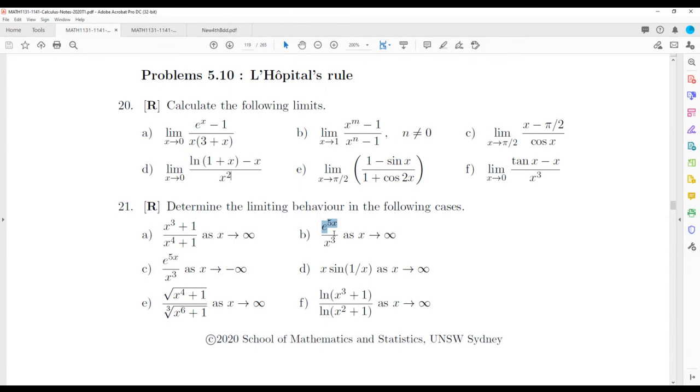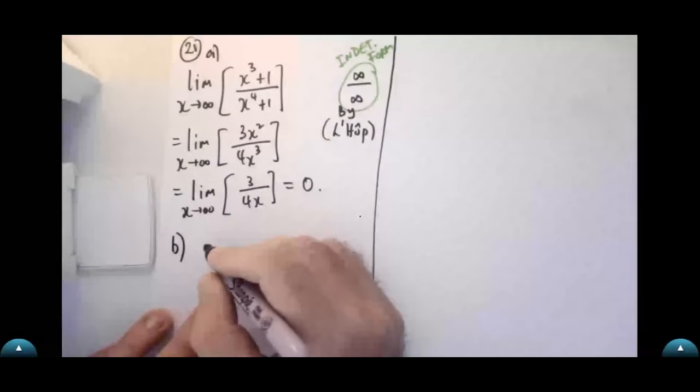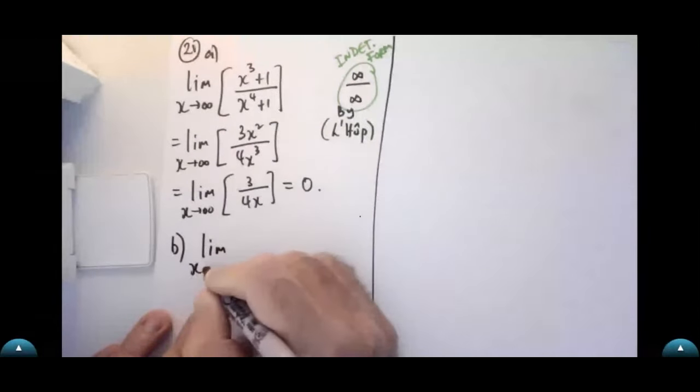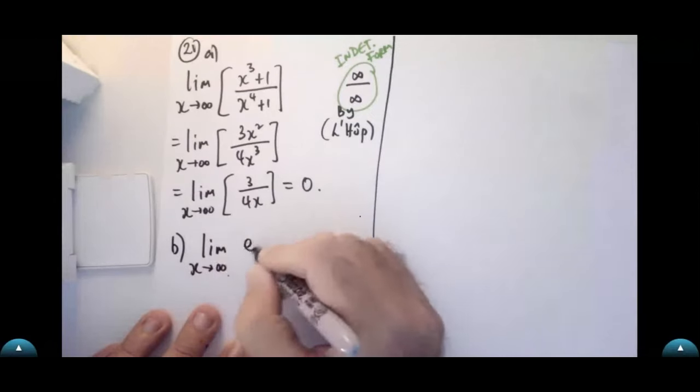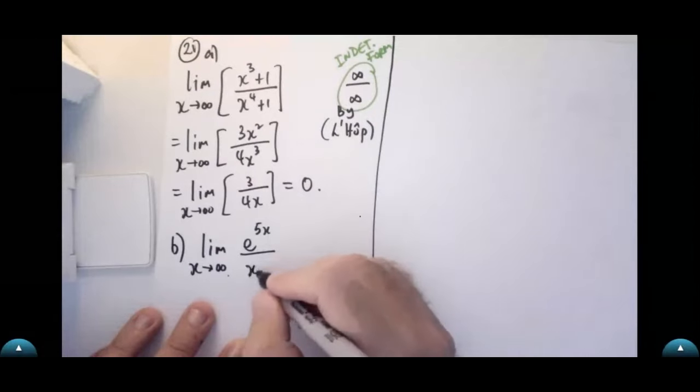Okay. So if we wanted to apply L'Hopital's rule to that one, we would differentiate the top, differentiate the bottom, and just keep applying the rules. So how do we do that? Well, let me show you. So we've got part B. The limit, we already know where we're going: e to the 5x all over x cubed.